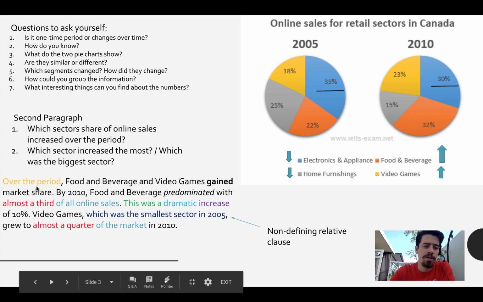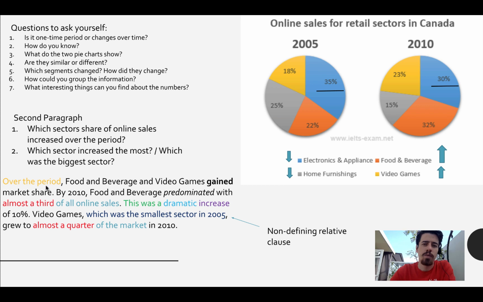Okay, we've used over the period at the beginning. Which period is this? It links back to our introduction. From our introduction, we know it is the period here. Okay, we've got the noun way. This was a, then dramatic, we got an adjective, increase is a noun.